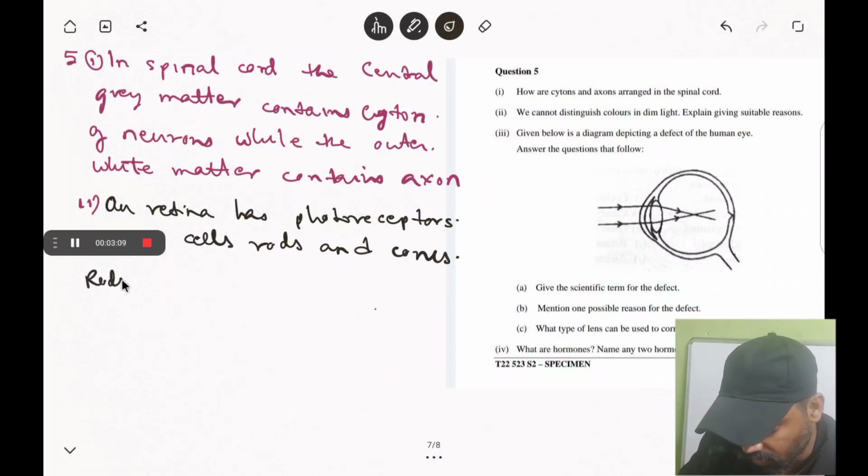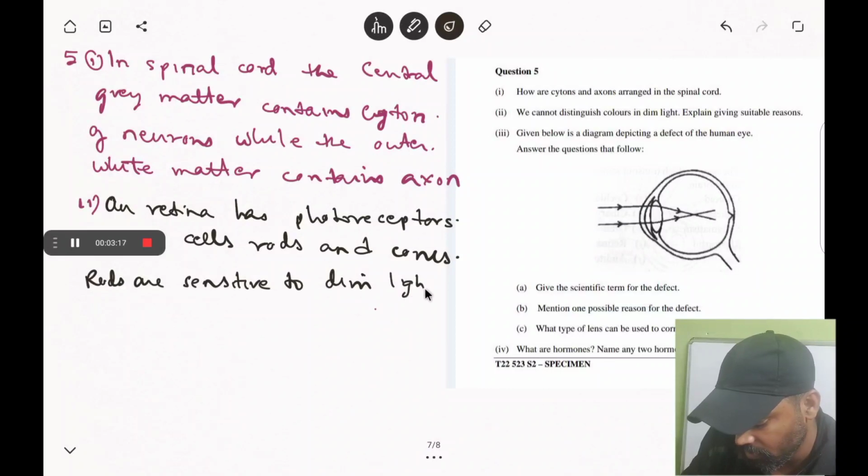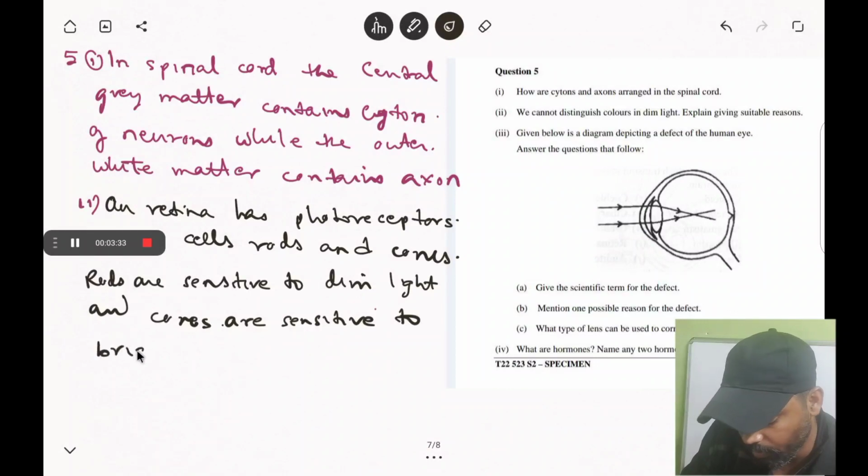Rods are sensitive to dim light. Yes or no? And cones are sensitive to bright light. Yes or no?